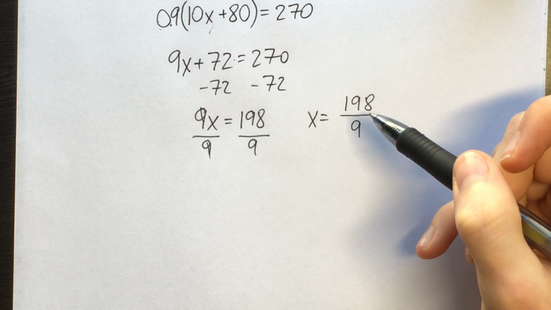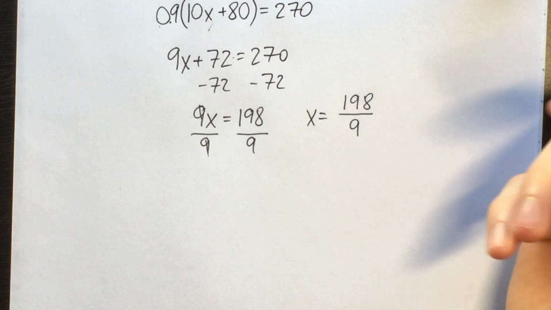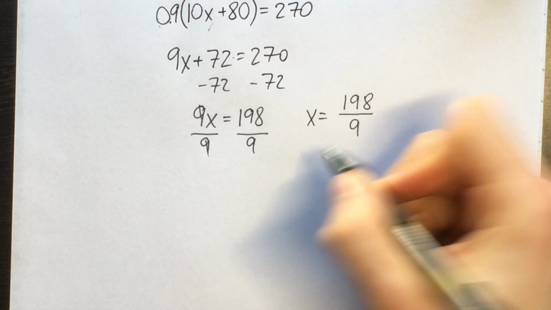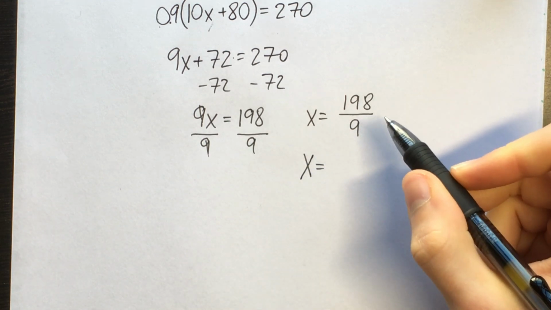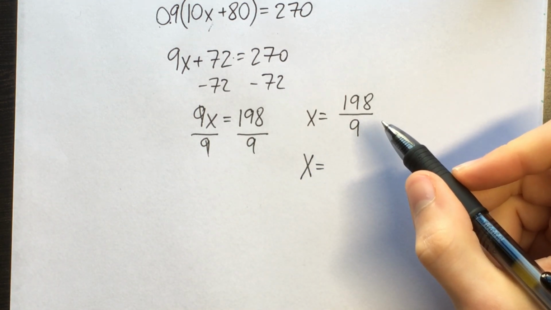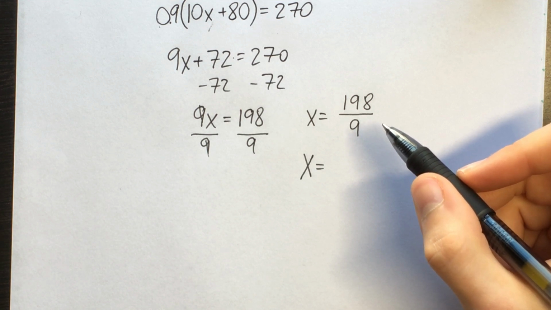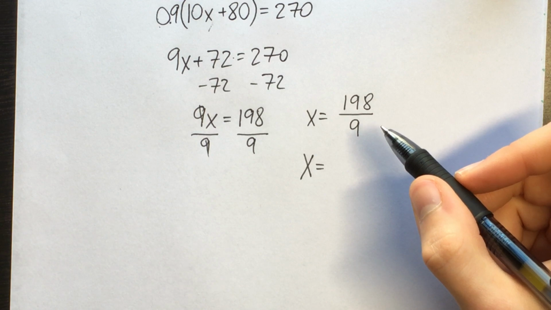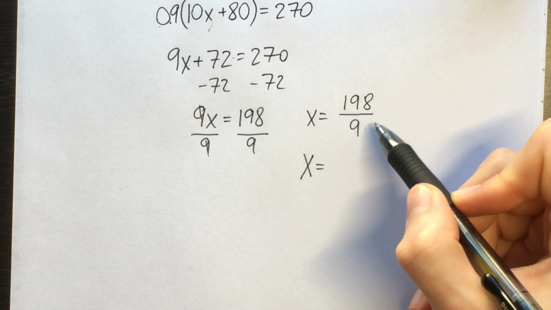So how can we simplify this? Well, let's see if we can divide the top and bottom by some constant, since you don't have a calculator. So x equals, let's see, what can we divide 198 by? Well, I can very easily divide it by 2. And honestly, I think that's what I'm going to go ahead and do, I'm just going to divide top and bottom by 2. So you might think that's going to come out a little weird.